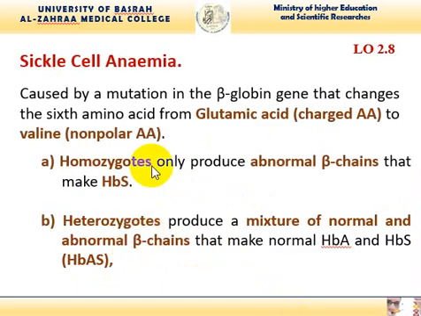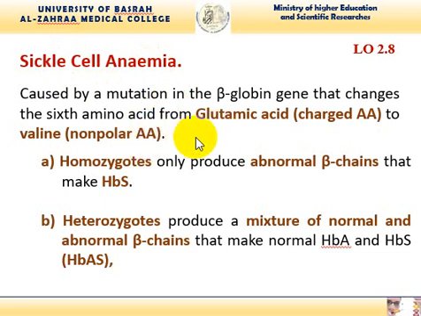Regarding the abnormality in globin synthesis, as I said before, in the structure, this leads to sickle cell anemia, which is caused by a mutation in the beta globin gene that changes the 6th amino acid from glutamic acid to valine.